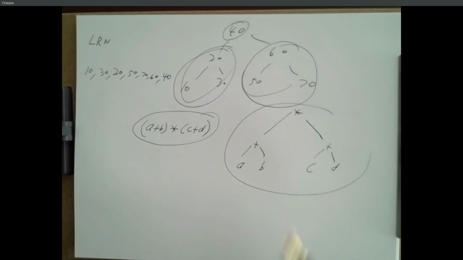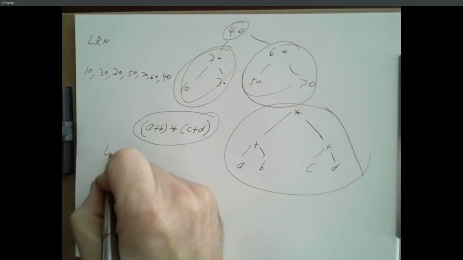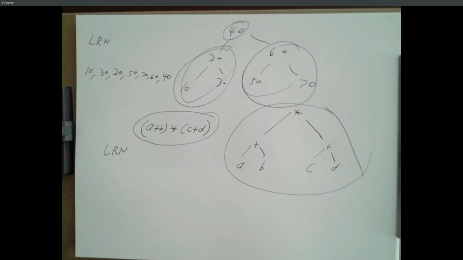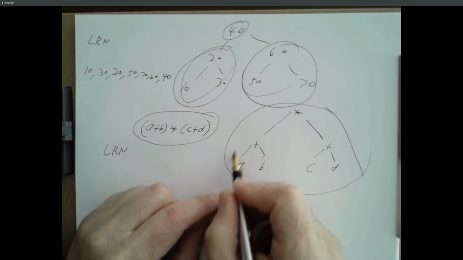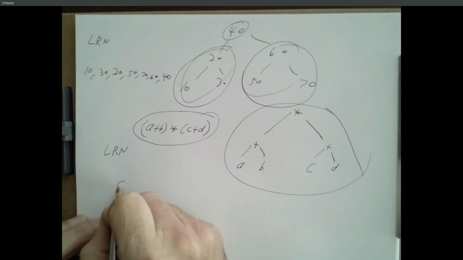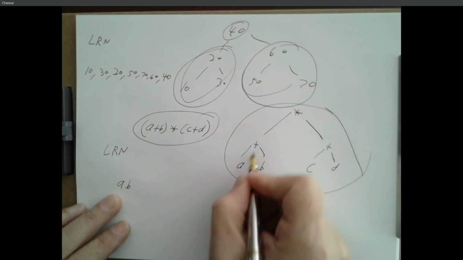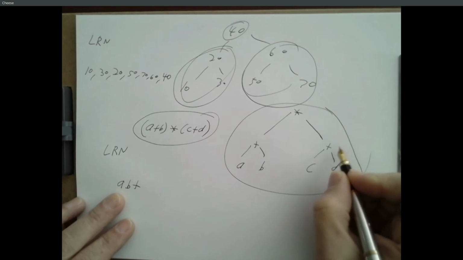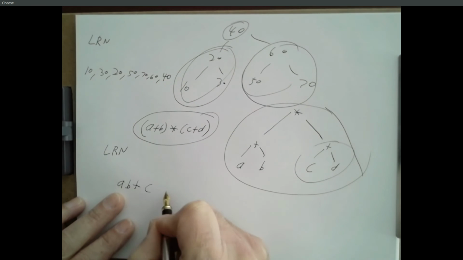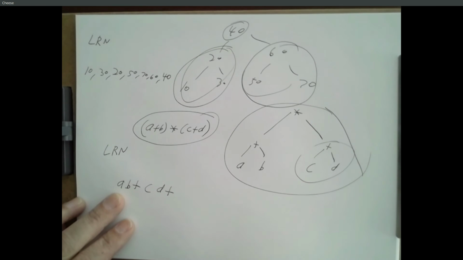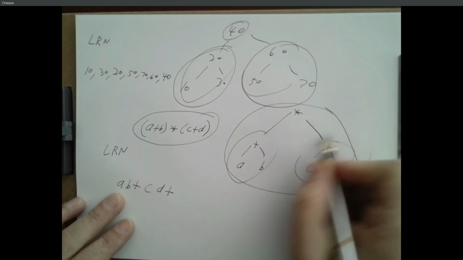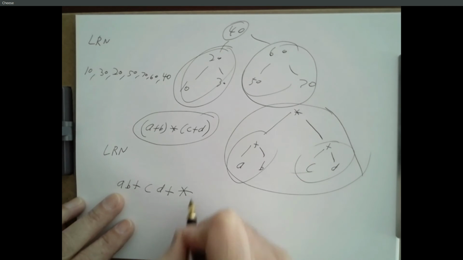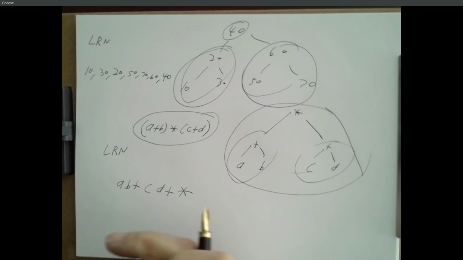Well, guess what happens if we traverse this tree in post order? We're going to traverse this tree first. We're going to come down to the left, and then down to the right, and then print the root. And then we're going to traverse this tree, which will be left and right and root. And then, having traversed the left and the right of the original tree, we print out the root of the original tree. That's our postfix representation of that algebraic expression.